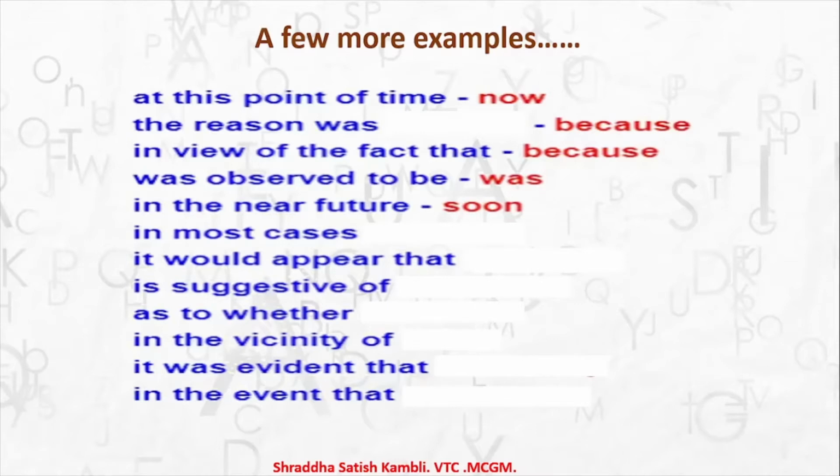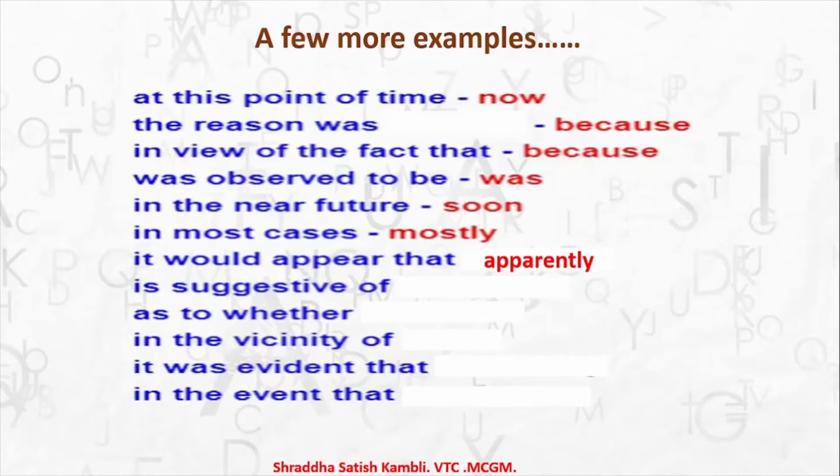In most cases means mostly. It would appear that means apparently. Okay, it appears that she had gone there, but she did not see him. So we can say apparently she went there but did not see him.